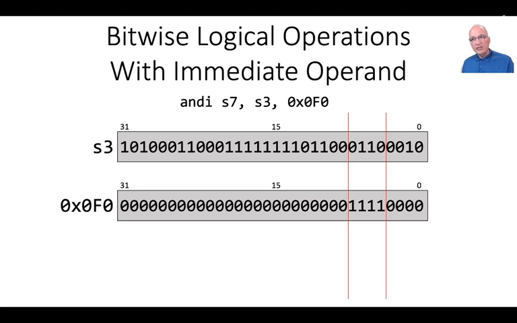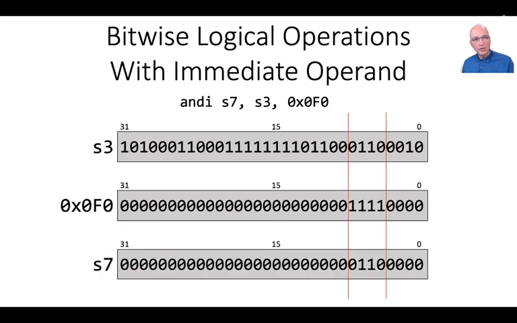So the bits that are in the positions where this constant has a 1 will be passed to the output, and all other bits will be equal to 0. The only region where I copy the values of the source register S3 into the destination register S7 is the region marked in the slide, where the constant that I provided to the instruction has 1s.